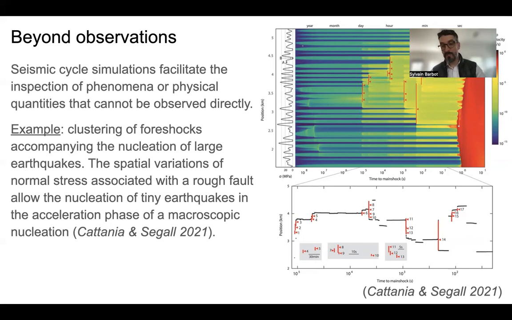This example was provided by Camilla Cattania and Paul Segall, who described the clustering of foreshocks within the nucleation of a wider event, which in this case was attributed to small-scale variations of normal stress that allowed the nucleation of smaller events. And of course, this spatial variability of normal stress is not an observation that is available at great depth in natural conditions.